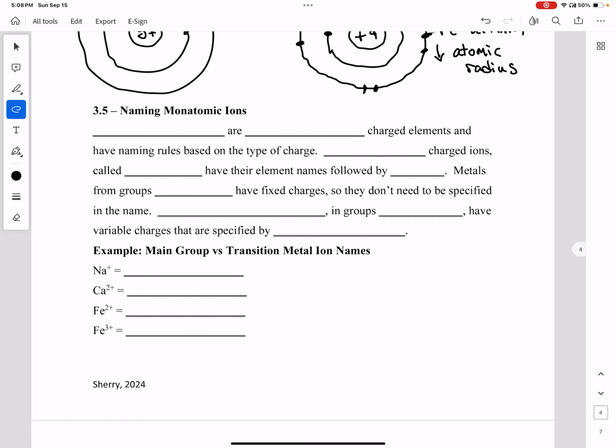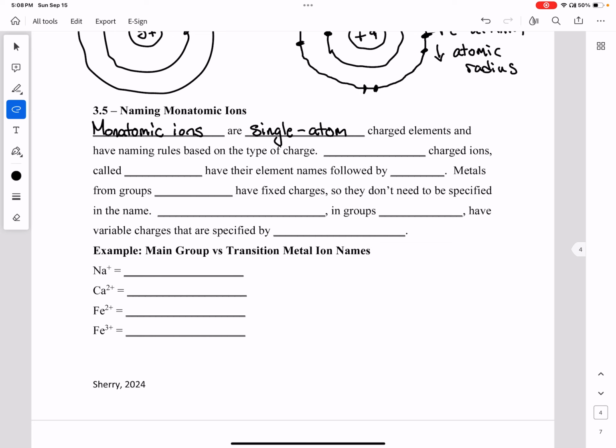So let's start with naming monatomic ions. So these are single atom ions. And so they're single atom charged elements, and they have naming rules based on their type of charge.